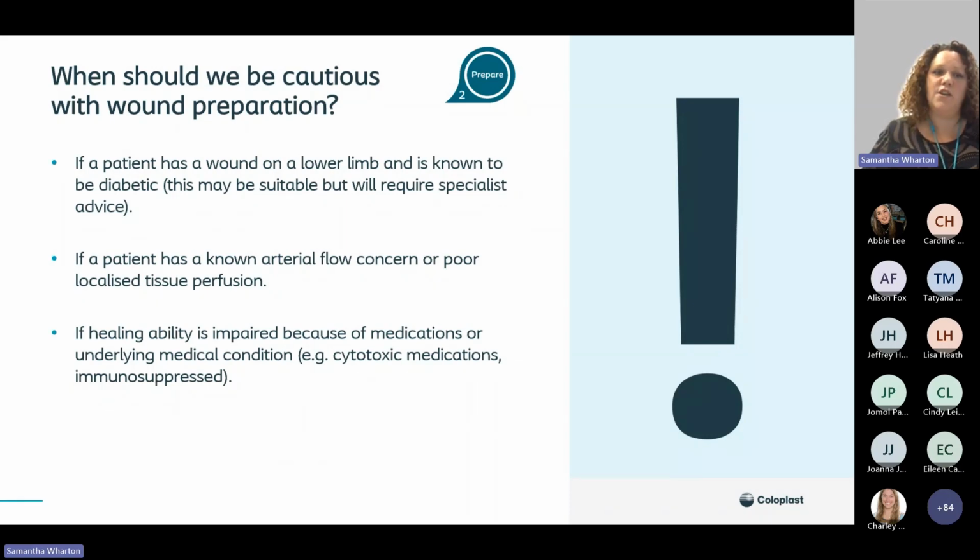If a patient has known arterial flow concerns or poor local tissue perfusion, again, be reaching out to your specialist just to get some additional support. And also if they're on cytotoxic medications or if they're immunosuppressed, because what you don't want to do is start opening up and introducing infection into a wound if they haven't got that immunity to be able to fight off any infection.